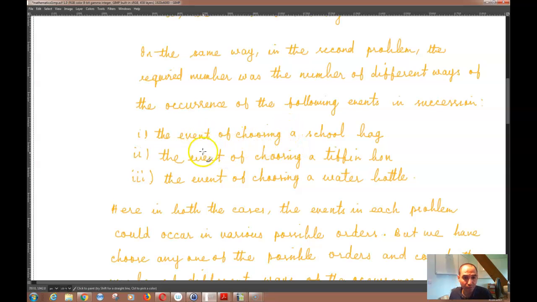The only thing that matters is that you have to choose one possible order, and then based on that chosen order, calculate the required number, which is all the different ways that these items can be chosen together, right?